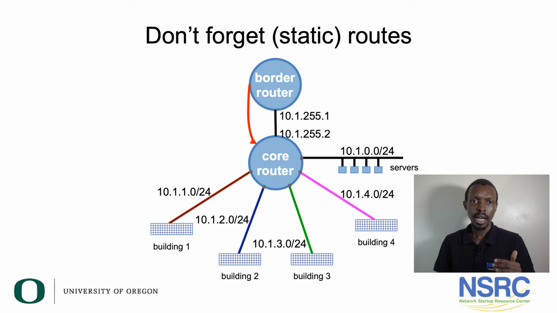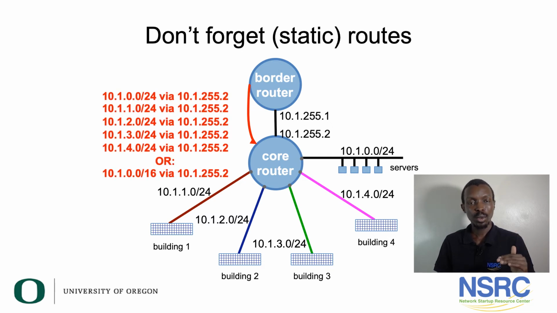You could either have individual routes for each network, the different /24s, and the next hop would be the IP address of the core router that the border router knows, 10.1.255.2. Alternatively, you could say the entire /16 is available via the core router.